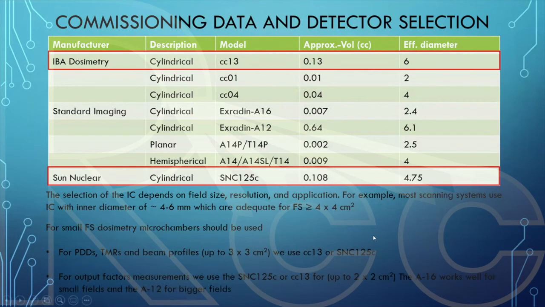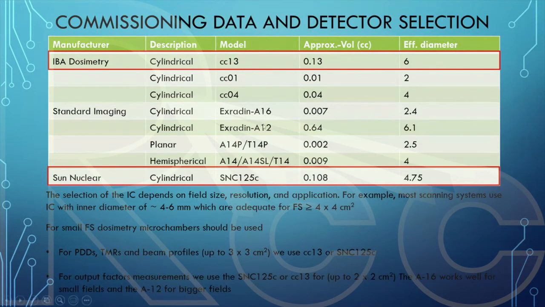Okay. So for output factor measurements, we also use the SNC125 or the CC13 down to 2 by 2 cm. The A16 ion chamber also works well for small fields, and the A12 ion chamber works well for bigger fields, meaning fields above 4 by 4 square centimeters.